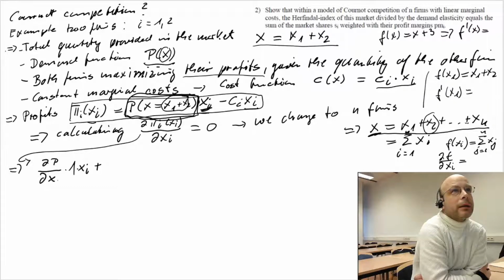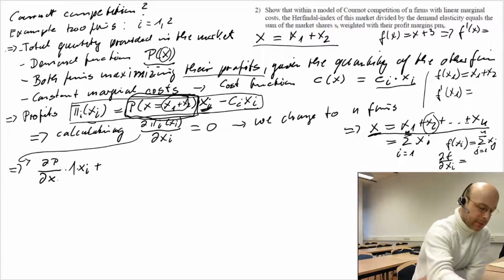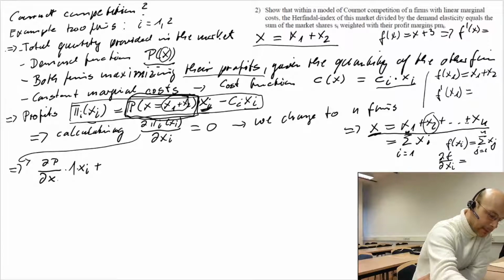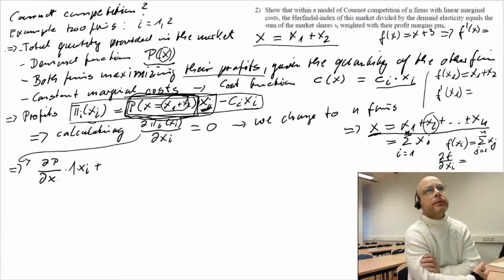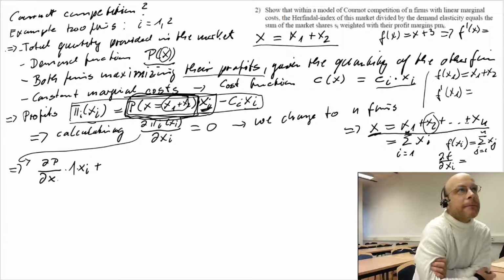What else do we get from taking the derivative of this product, p of x times xi, with respect to xi?